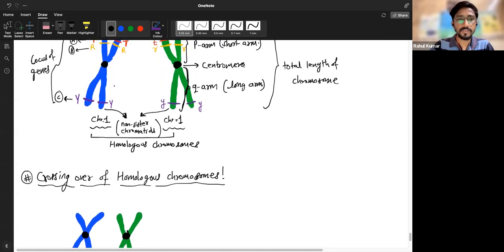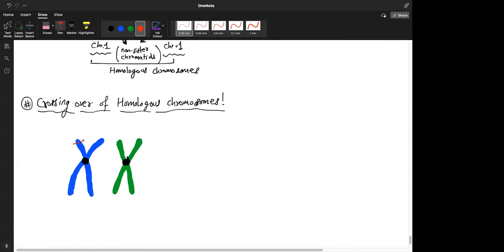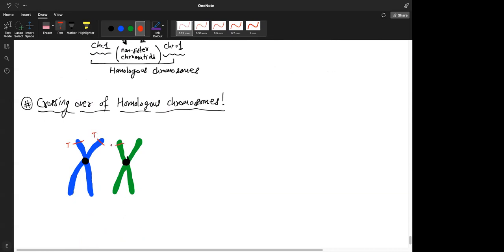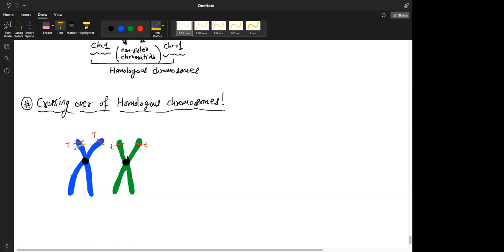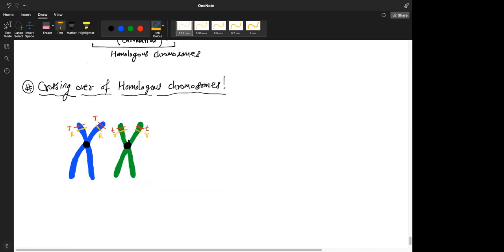Now let's make the same genes that we took here. So what were the genes? Tell me. The gene for tallness carrying capital T. So this will also have capital T, and small t, small t on the homologous chromosome. Then we had another gene close by, capital R. Here also it was capital R. On this chromosome, it will be small r.